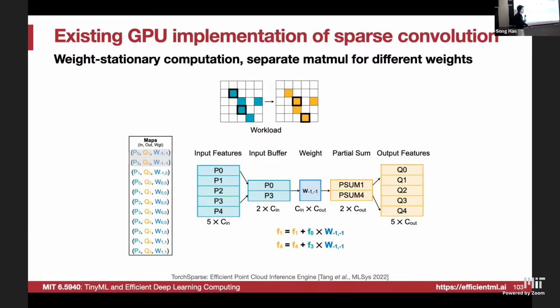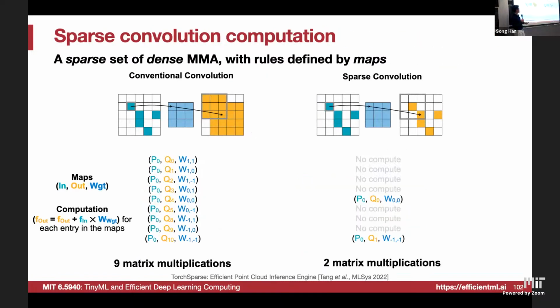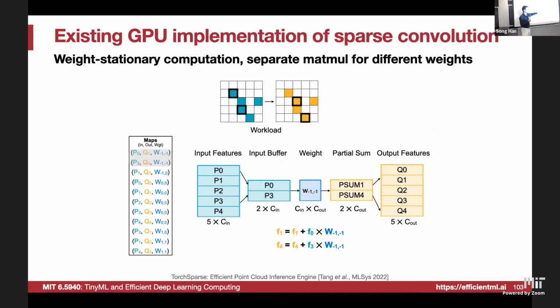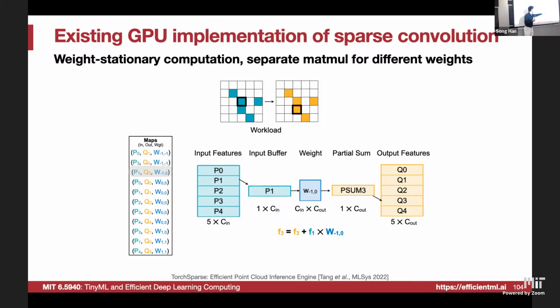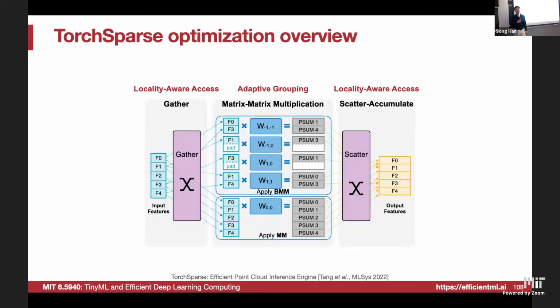So for different weights, like weight -1, which corresponds to this location, only 2 inputs interact with them. Okay, and for -1, 0, only 1 element interacts with them, or 5. So this is highly imbalanced. Different weights interact with different numbers of inputs.